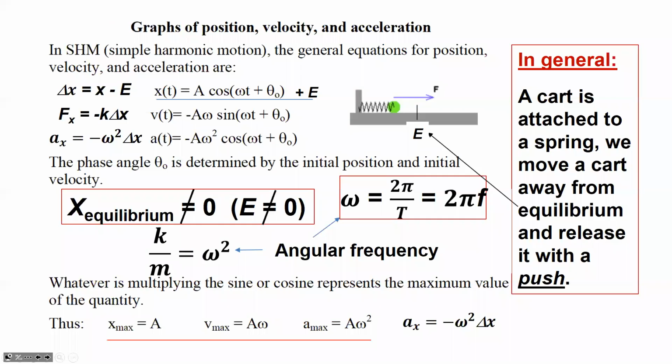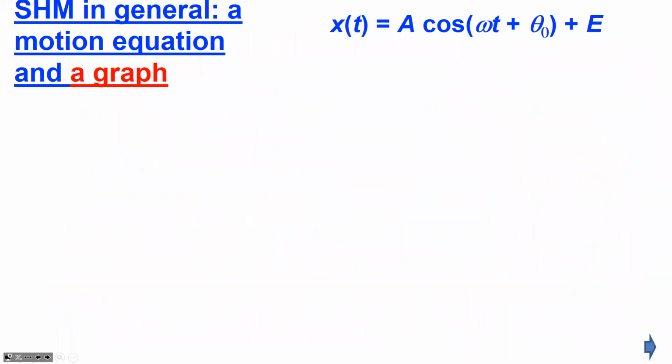And this is the slide which tells us how to change the equations if the origin is not at the equilibrium. I'm going to talk about extra variables on this slide right now.